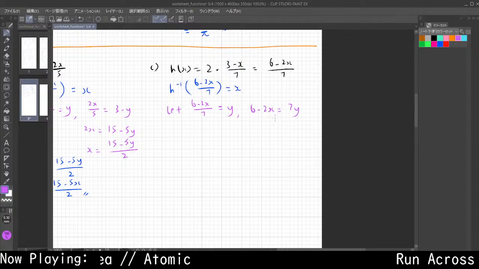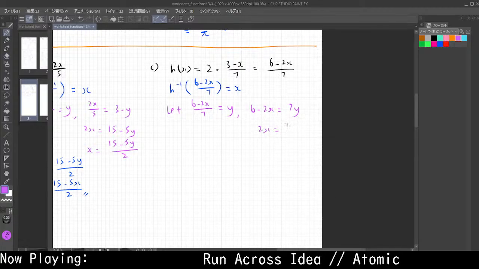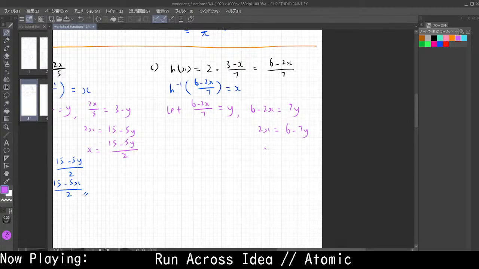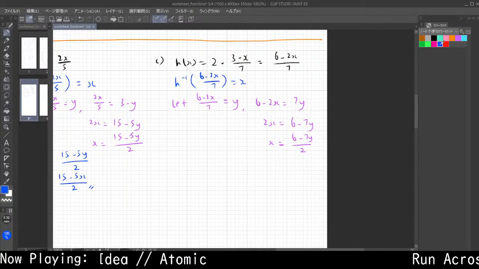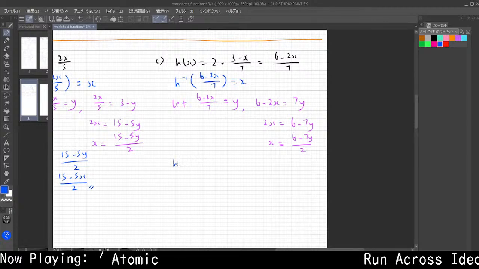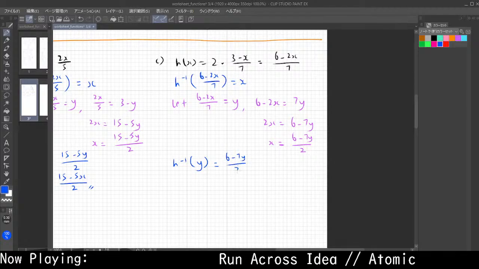Switch places, this and this switch places, so I get 2x equals 6 minus 7y. 2 bring over to do division, 6 minus 7y over 2. So in the end, your h inverse y will be equal to x, which should be equal to this, 6 minus 7y over 2.